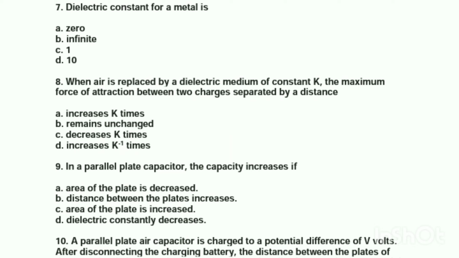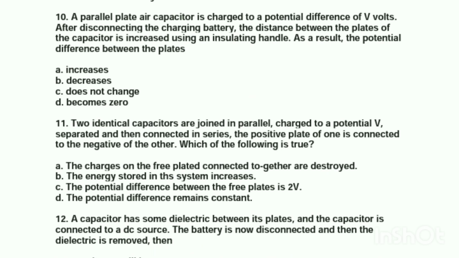Next, in a parallel plate capacitor, the capacitance increases if the area of the plate is increased, C. Next, a parallel plate air capacitor is charged to a potential difference of V volts. After disconnecting the charging battery, the distance between the plates of the capacitor is increased using an insulating handle.